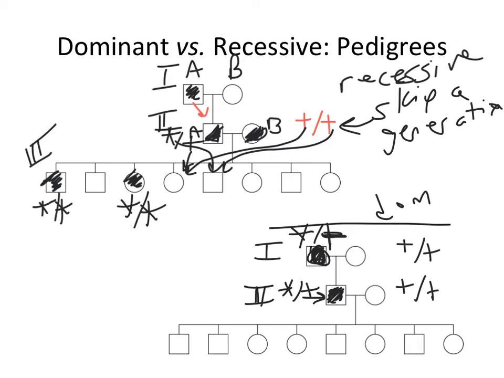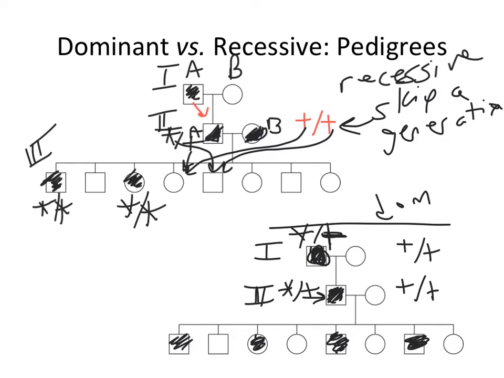What's going to happen in the third generation if this is a dominant disease and dad's got it? How many of the 8 kids should we expect to see filled in? 50%, right? Every one of them has a 50-50 chance of inheriting dad's good allele or his mutant allele. So I'll just fill in every other kid, just for fun.